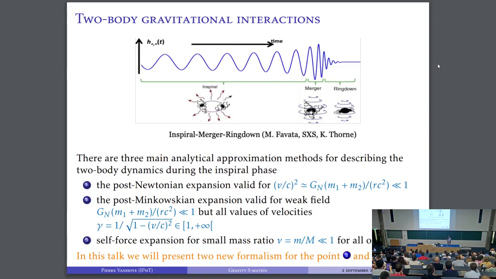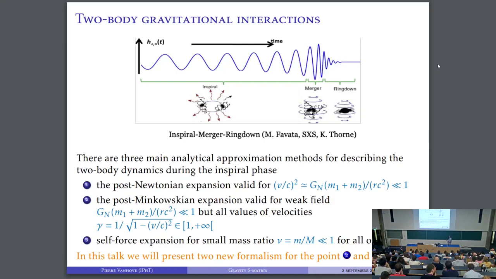When you use the amplitude setup, you do a fully relativistic computation, valid for all values of velocities from the static case to the ultra-relativistic regime, but this is a weak coupling expansion order by order in G Newton.